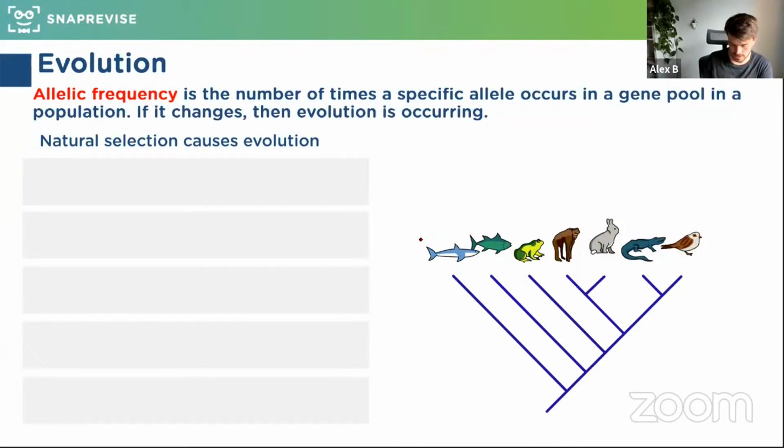Evolution. This was the theory first put forward by Charles Darwin, that things evolve due to natural selection. You have obviously all heard of natural selection, or I presume you will have if you're studying biology.